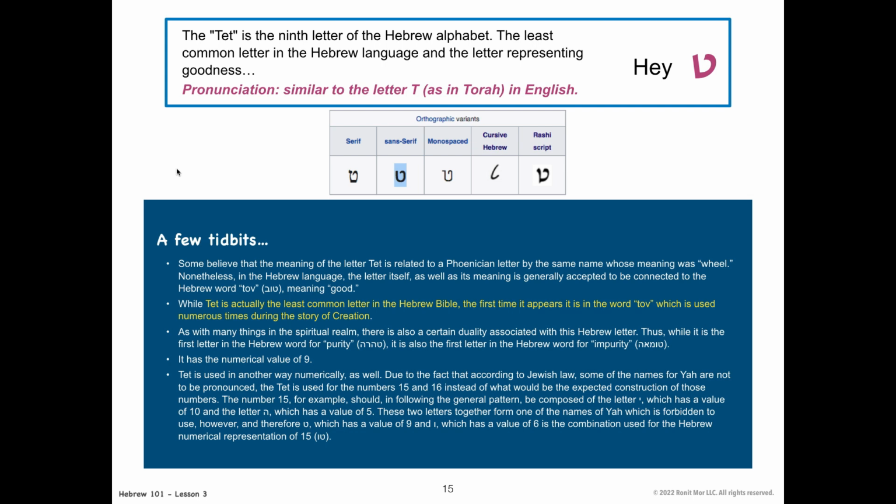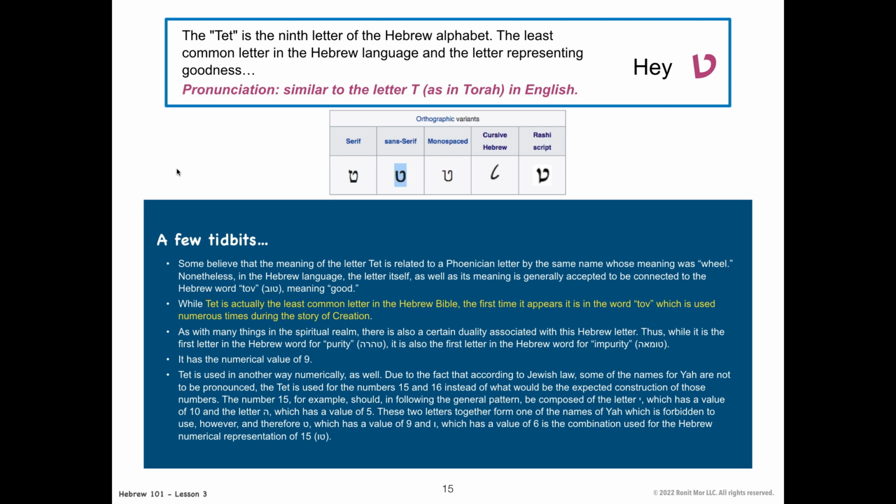However, if we use Yud and Hey, we get Yah, which is one of the names of God. So that's why in Jewish tradition they will not use it; they will substitute Tet for Yud, and then they will create the number 15 using Tet.